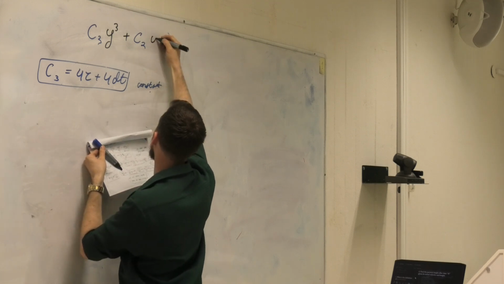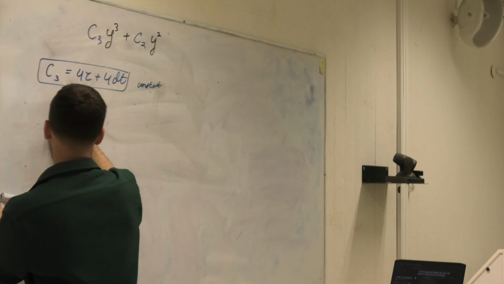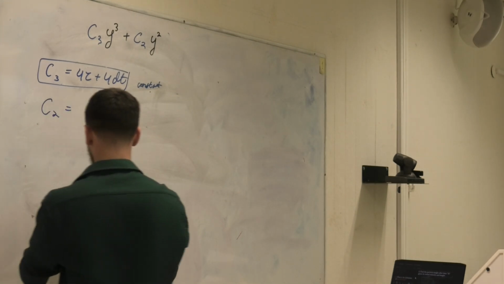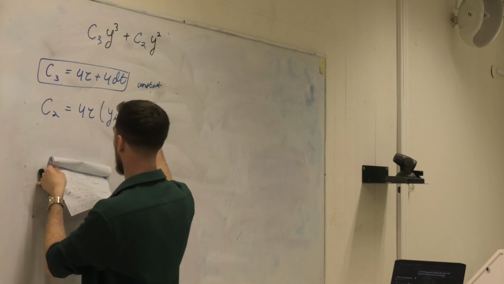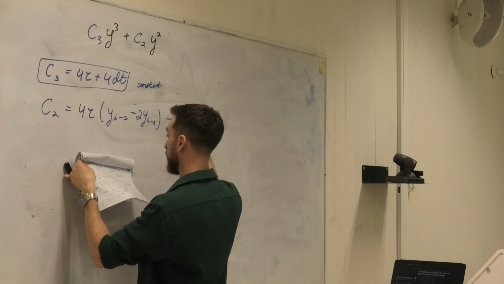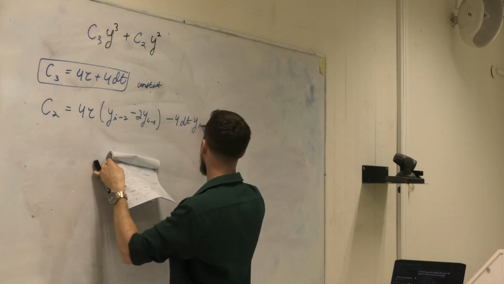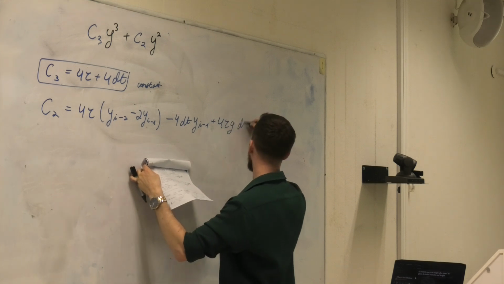Plus, we have C2 multiplied by y to the power of 2, and C2, this is the scariest coefficient, is 4 tau y_{i-2} minus 2y_{i-1} minus 4 dt y_{i-1} plus 4 tau g dt.